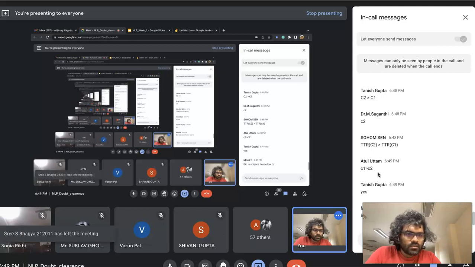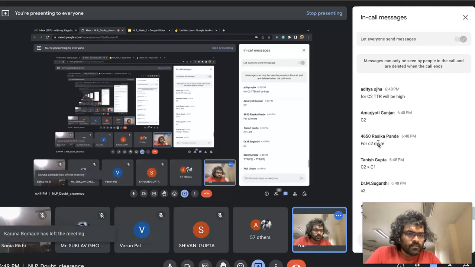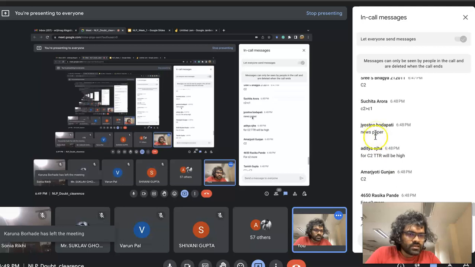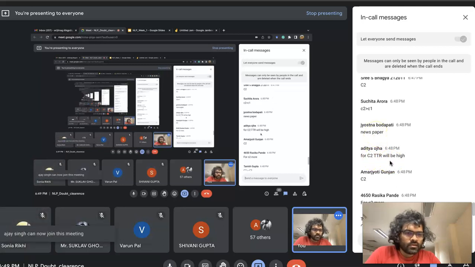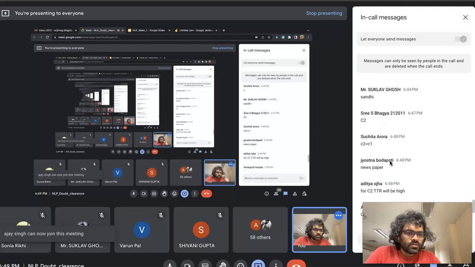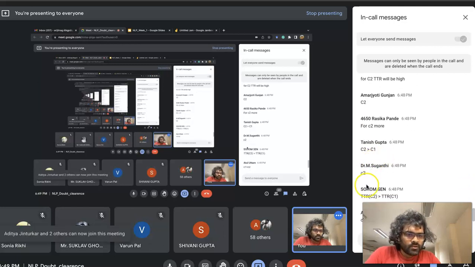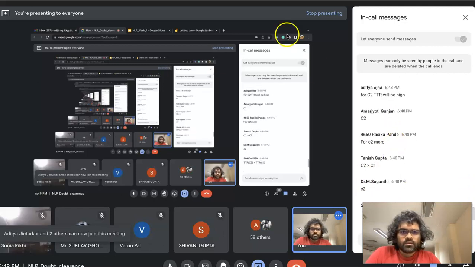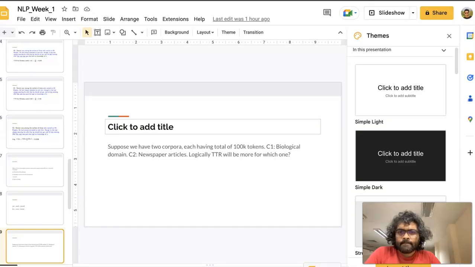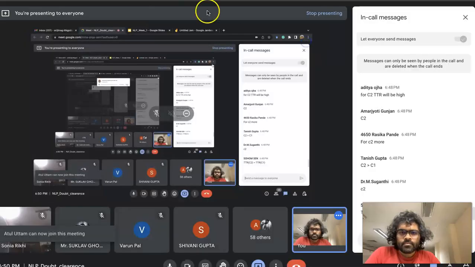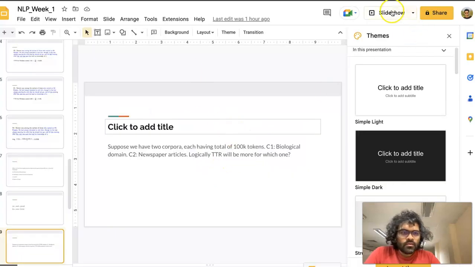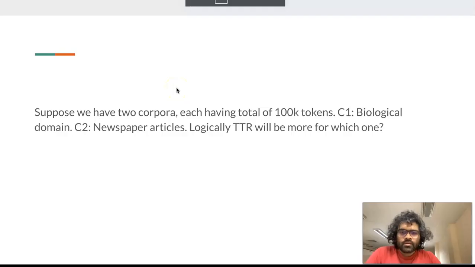Okay, so most of the people are writing C2 TTR will be high, but there are few people, one or two people, writing otherwise. Okay, fine. So why do you think the TTR of C2, the newspaper article, will be high?